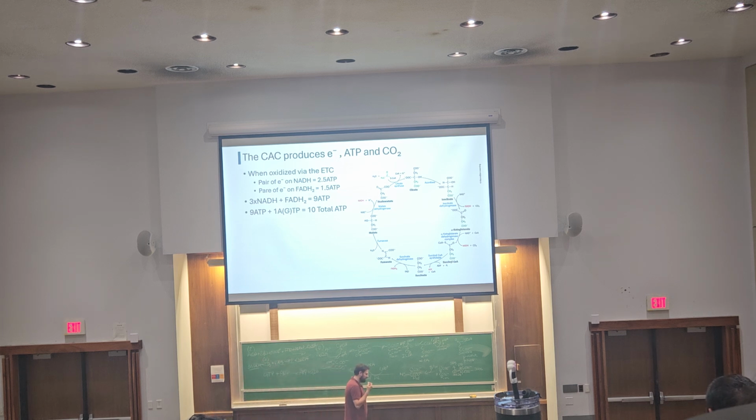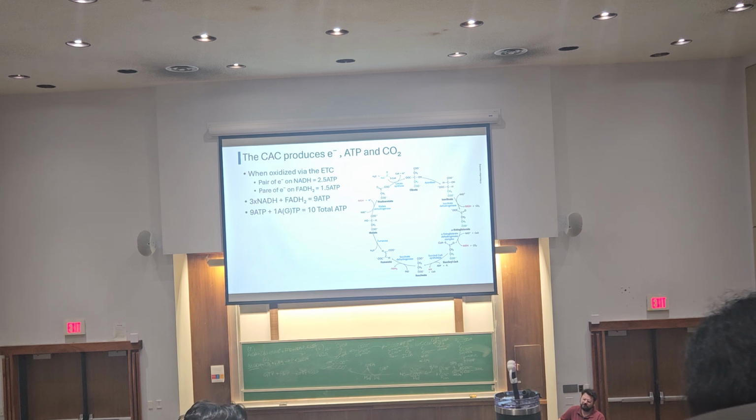So how many ATP then will we get per acetyl coenzyme A? Obviously 1, right? But what else? We have the 3 NADHs. How many ATP is that going to give us? Let's get your calculators out. What's 2.5 times 2? 5.